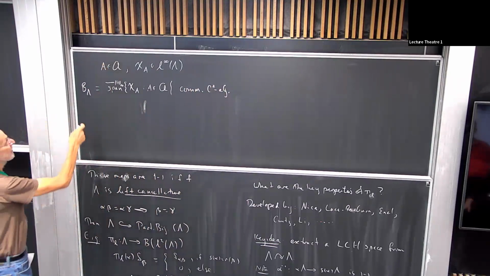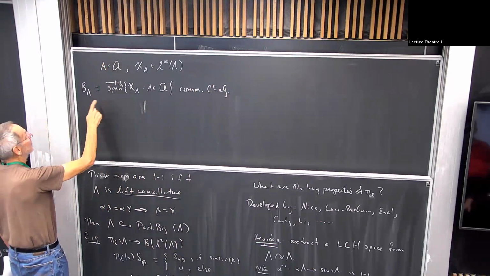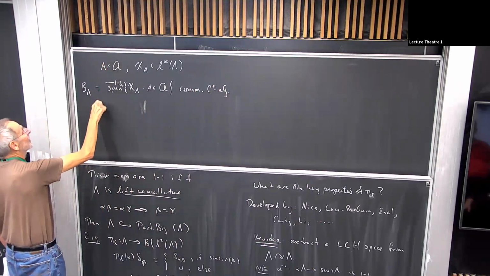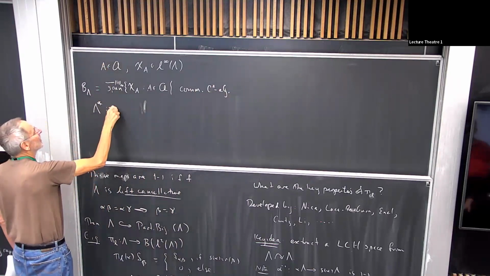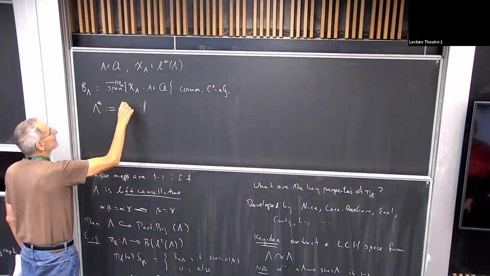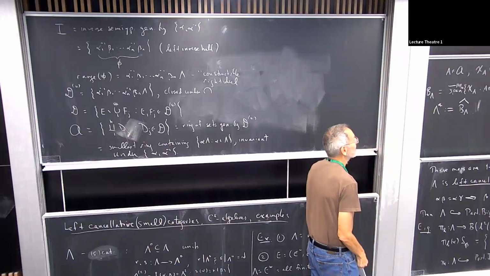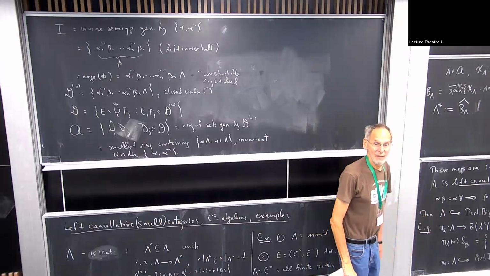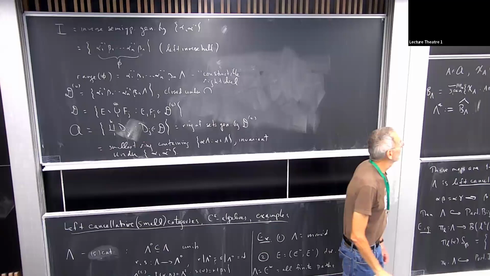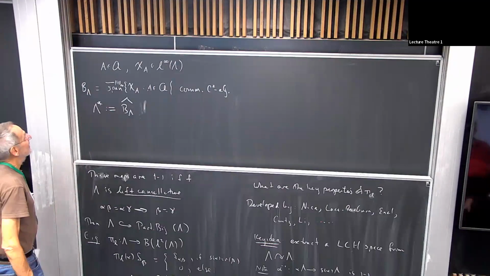So Gelfand tells us that it has a spectrum, and that's our space. So I call the space lambda star, which is by definition that. So that's maybe a slick way of finding a locally compact Hausdorff space, and that's the one. Now you can identify this in many other ways.